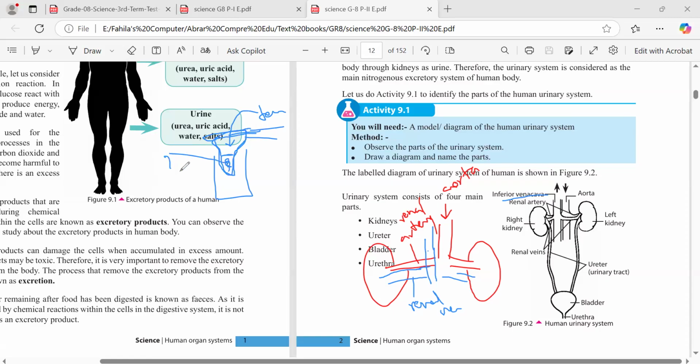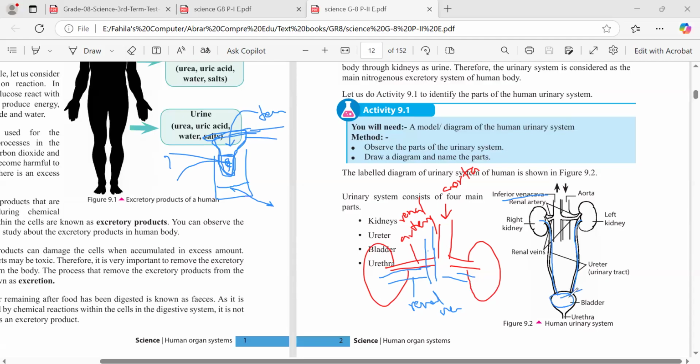Does that make sense? So the blood comes in through the arteries, and the other blood is again taken back to the body. And then the residue, like the tea, the bad stuff, is going to get out of the body through the ureters, and they are going to get filled up in the bladder.